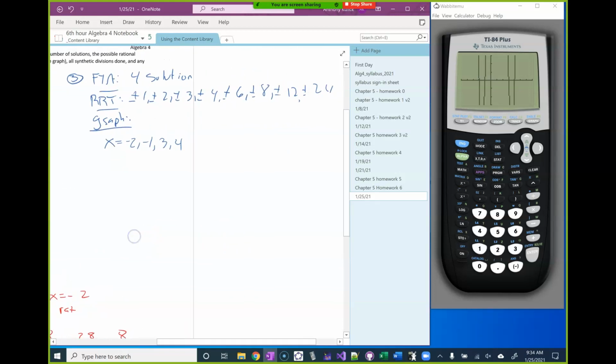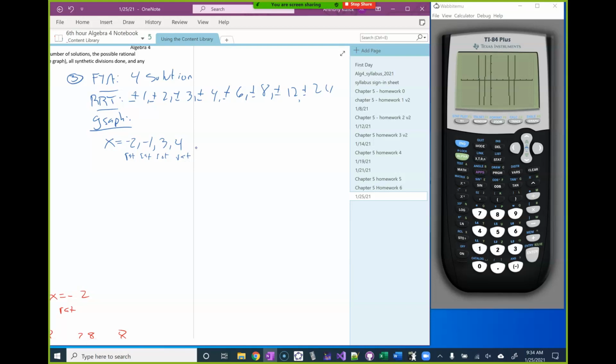So we have this part, right? Notice that all of these values are on my list up above, right? So these are all rational solutions and should be good ones to use the synthetic division on. Shouldn't really matter which one I use.